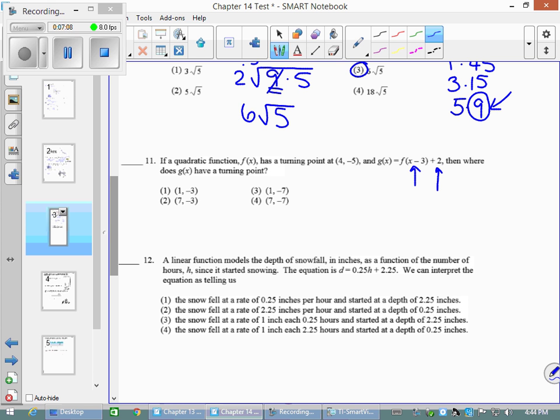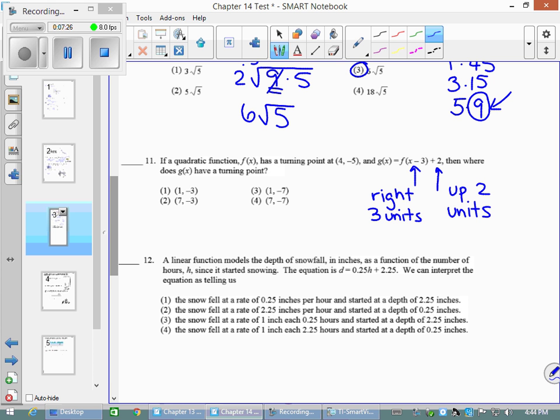The minus 3 is shifting g to the right 3 units, and that plus 2 is shifting g of x up 2 units. So again, let's just draw a little sketch here.